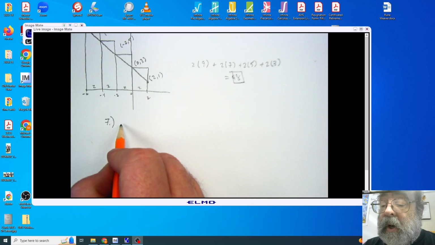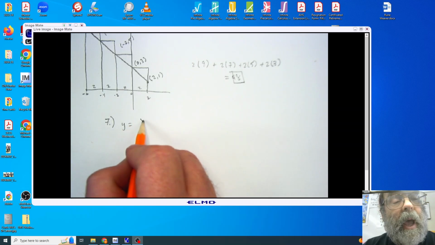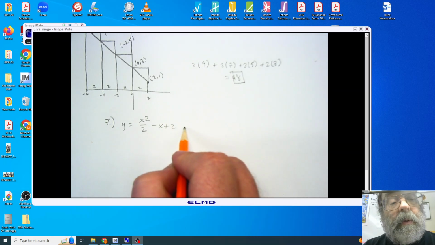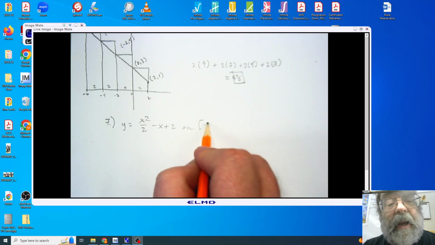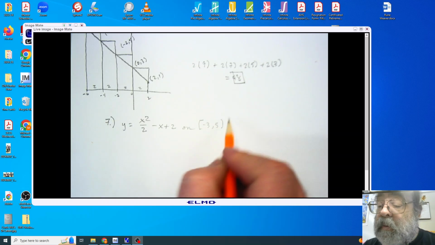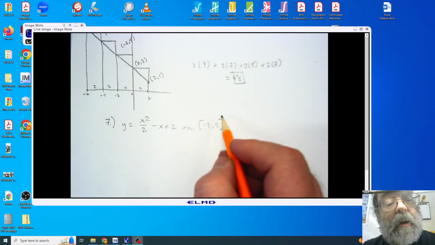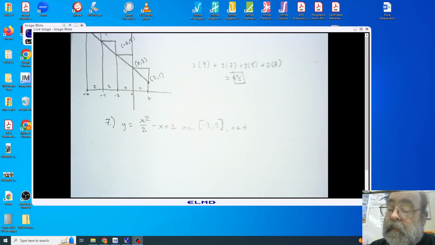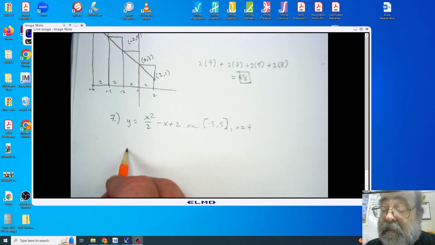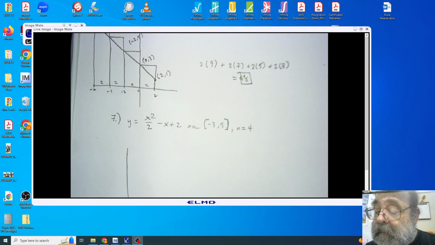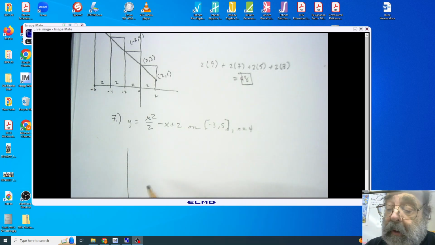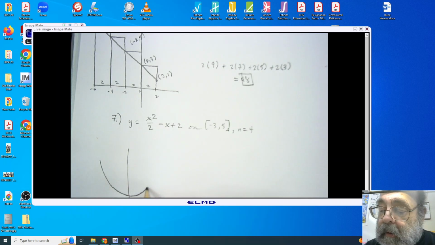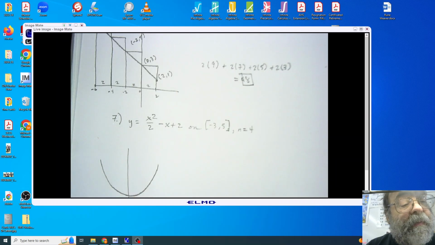Number 7 was y equals x squared over 2 minus x plus 2 on the interval negative 3 to 5. So we are going to have some decimals there. And we're looking at n equaling 4. I'm going to set up my graph. Close enough.